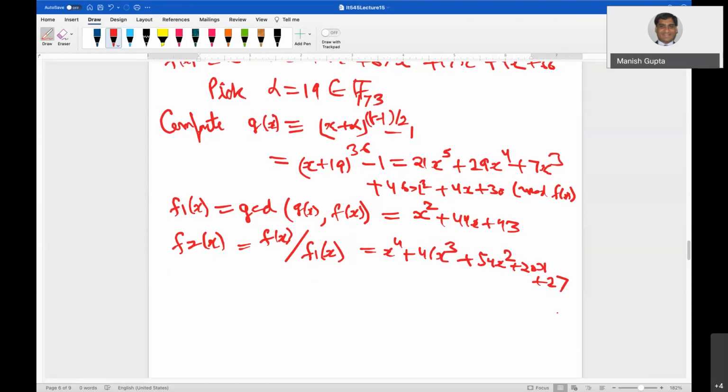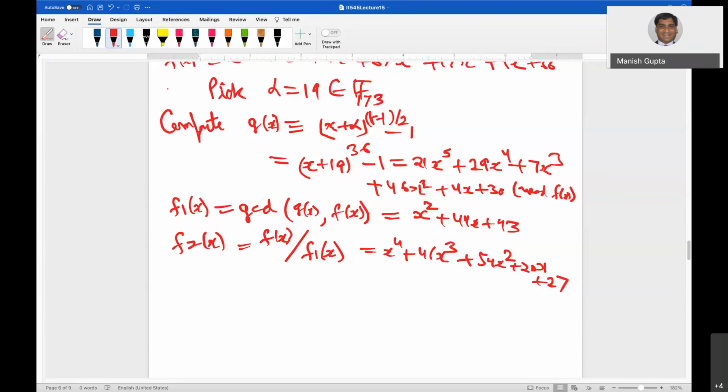Now our job is to factor f1 of x and f2 of x. So now the last part of the algorithm comes: we are going to again apply the algorithm to f1 of x. What we did on degree 6 we will do on f1x and on f2x, okay?